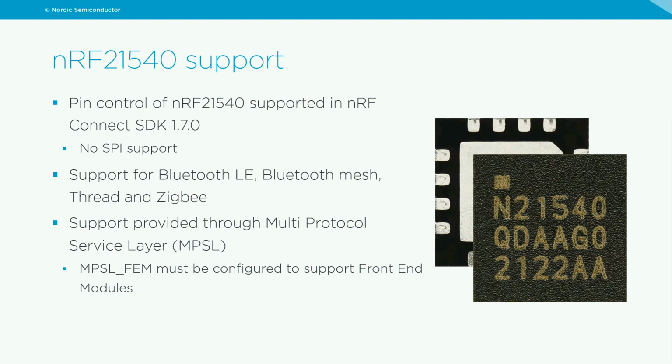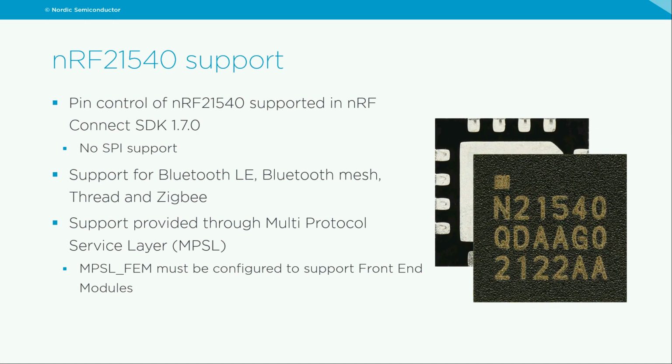We do have support for Bluetooth LE, Bluetooth Mesh, Thread, and Zigbee already in nRF Connect SDK version 1.7. This is supported through the multi-protocol service layer. So the multi-protocol service layer is a nRF lib library that comes with the nRF Connect SDK, and it provides several different features.